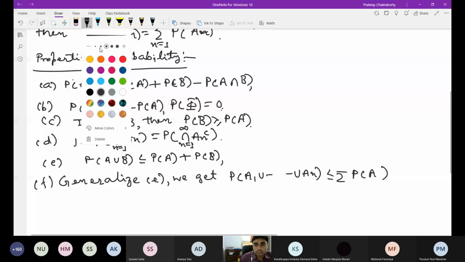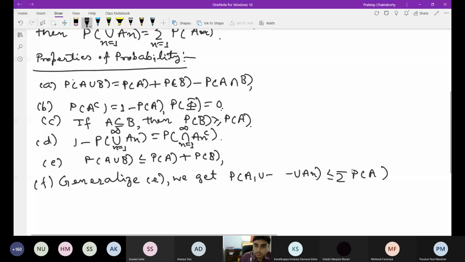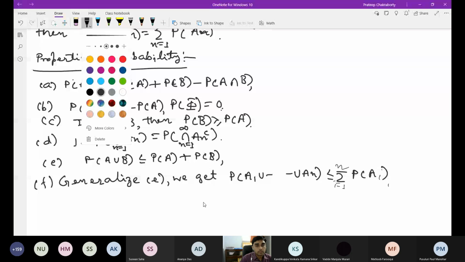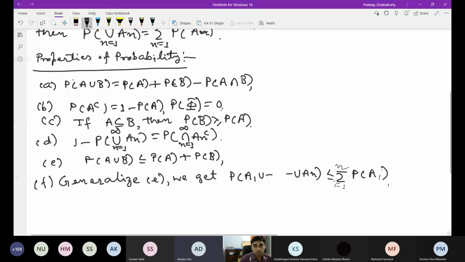Okay, can anyone tell me how to prove this? So what is meant by generalize?